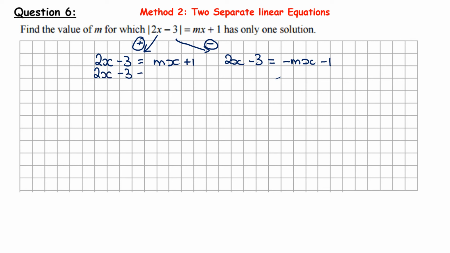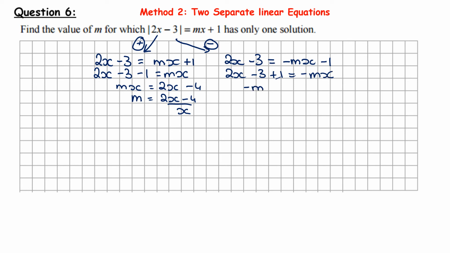So we have minus 3 minus 1 is equal to mx. So mx is equal to 2x minus 4. So m is equal to 2x minus 4 all over x. The other scenario here, we have 2x minus 3 plus 1 is equal to minus mx.